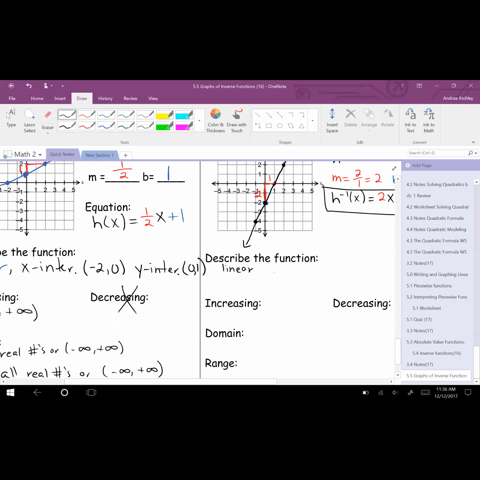So my x-intercept is now at 1, 0, and my y-intercept is now at 0, -2. My slope, if you notice, is the reciprocal of each other. Slope here is 1/2. Slope here is 2.